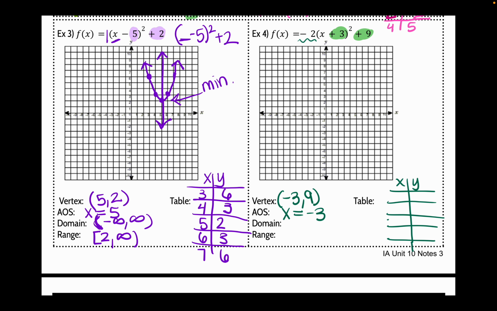So we have negative 3, 9 right in the middle. And do some points on either side. So negative 2, negative 1, negative 4, negative 5. Now plug it in. You're going to do negative 2 times negative 5 plus 3, parentheses squared, plus 9.